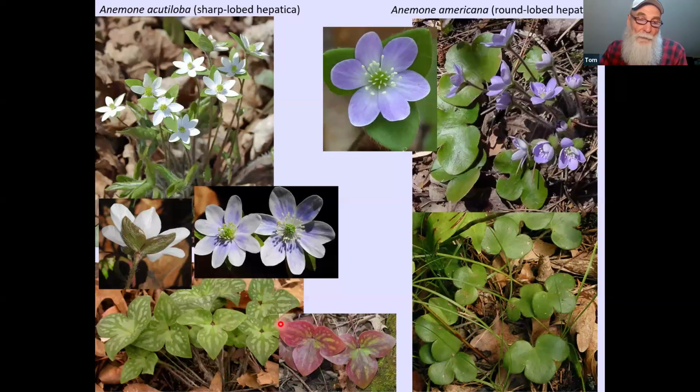And so the difference, of course, in Acuta versus the Americana is the tips of those lobes. We have lobes over here that are fairly pointed, clearly come to a pretty well-defined point, more of an acute type of tip, and lobes over here are very much rounded.